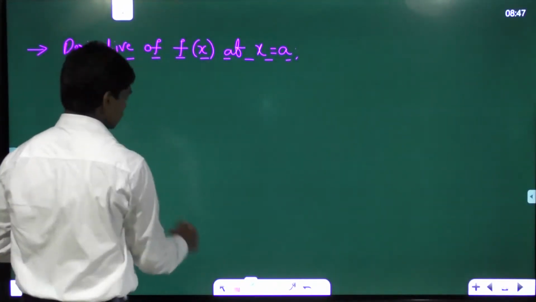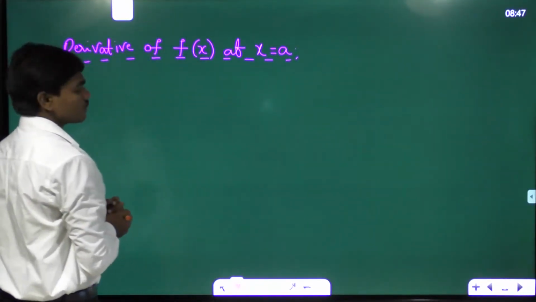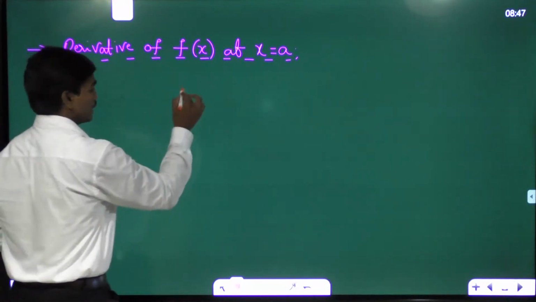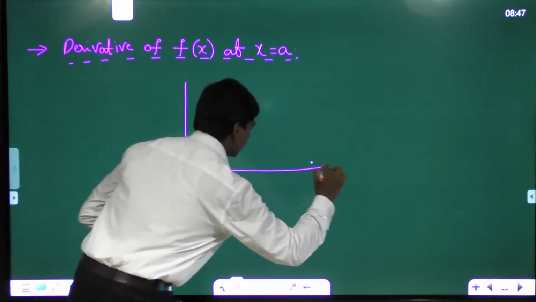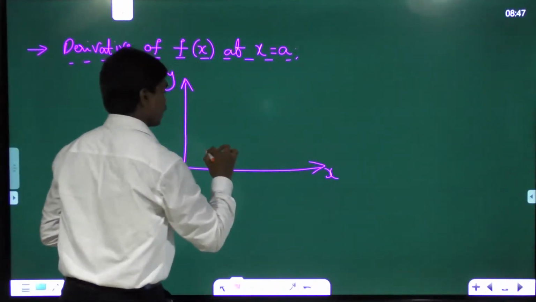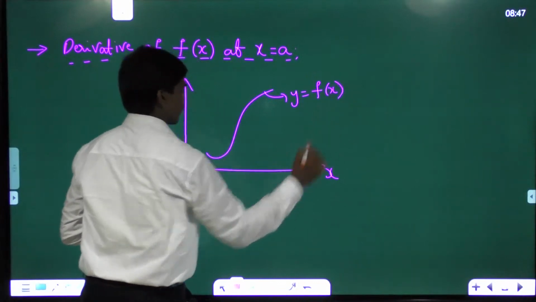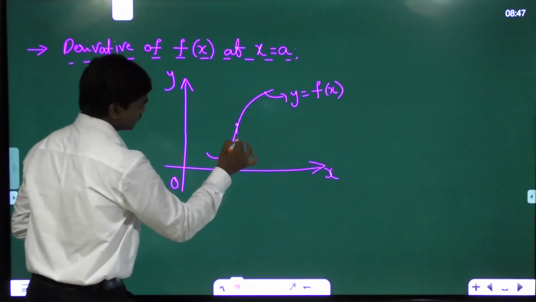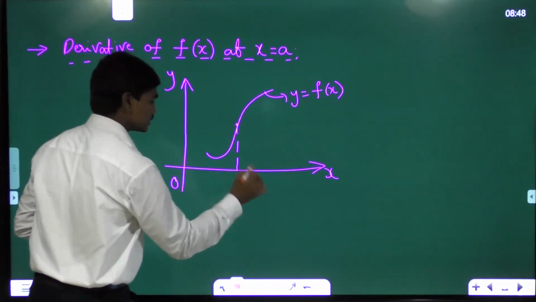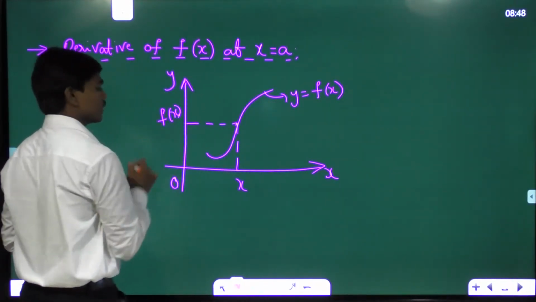Okay, now it's audible. So see here, let us continue with the discussion. Now, the derivative of a function at x is equal to a. If this is y is equal to f of x, and if this particular value is x, then this is f of x. Okay?